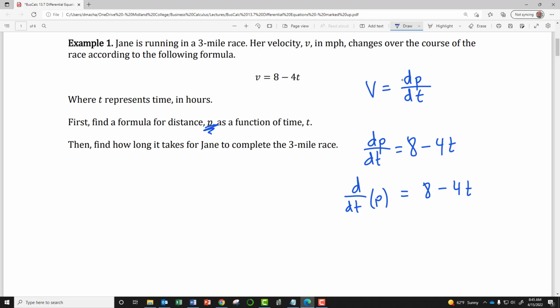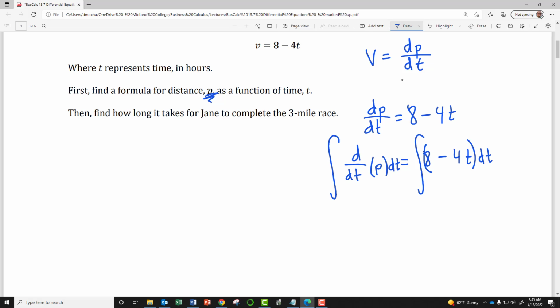But if I want to undo this derivative, if I really just want to get to that p by itself, what I should do is take the antiderivative with respect to time, and that antiderivative will undo the derivative with respect to time. But if I do that to the left side of my equation, I have to do the same thing to the right side of my equation, meaning I have to take the antiderivative with respect to time of the right side as well. So on the left side, the derivative and the antiderivative will cancel, and it will just give me a p.